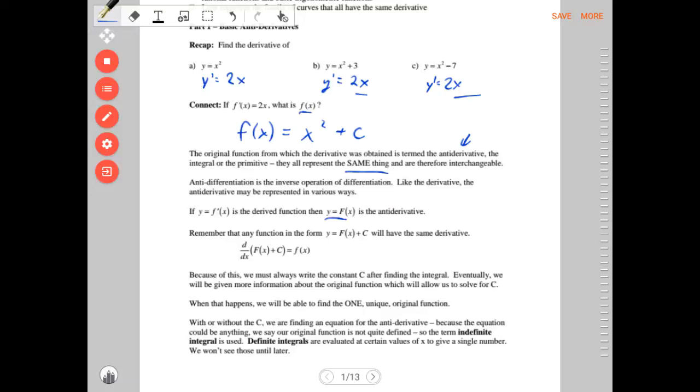Either way, with or without c, we are finding an equation for the antiderivative. Because this equation could really be anything depending on what the x's are, we say that the original function is not quite defined, so the term indefinite integral is used. Definite integrals, on the other hand, are evaluated at certain values of x to give a single number. We don't get to see those till a little bit later.